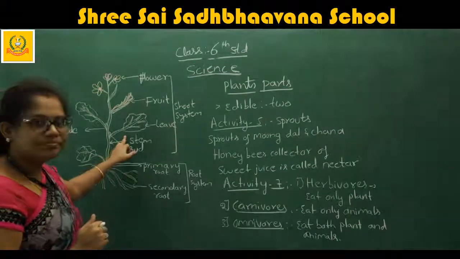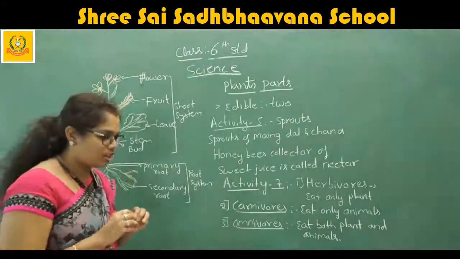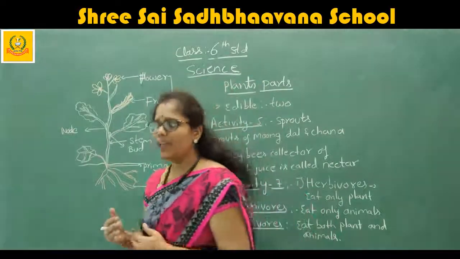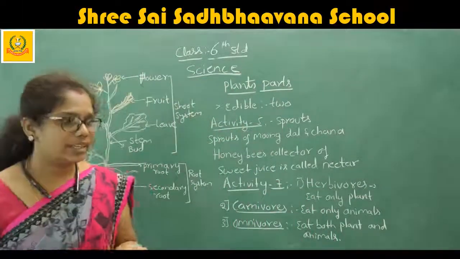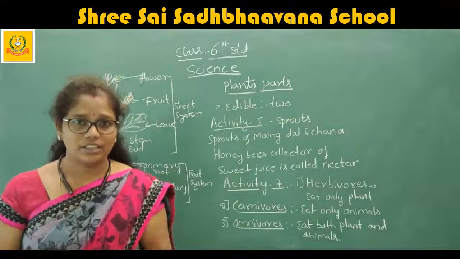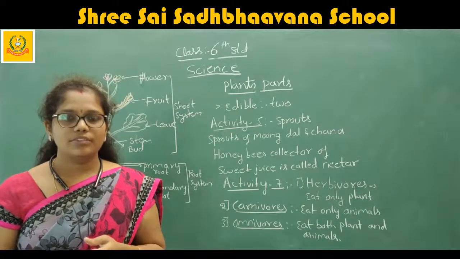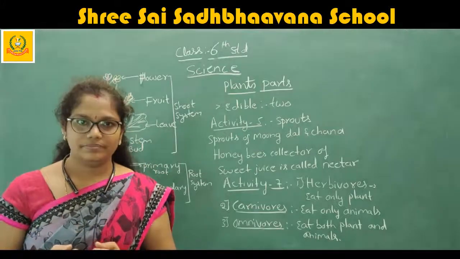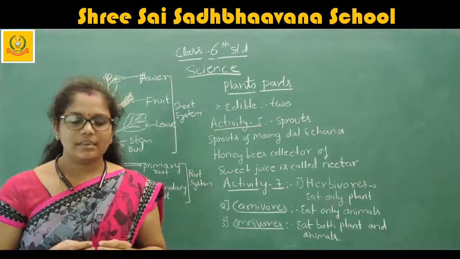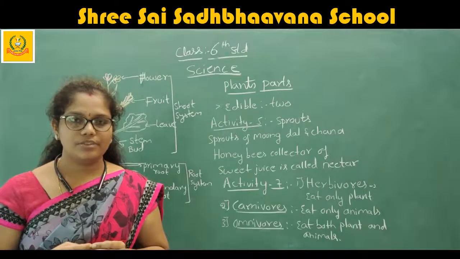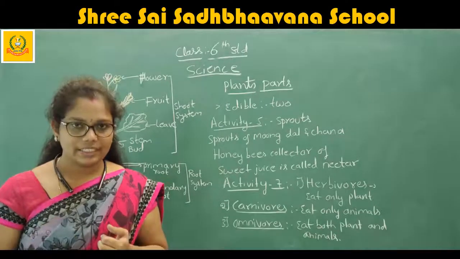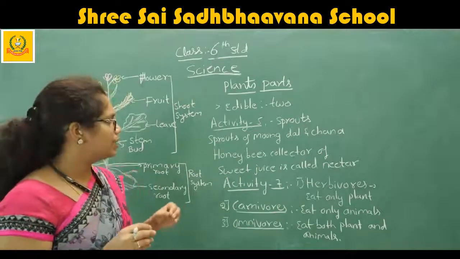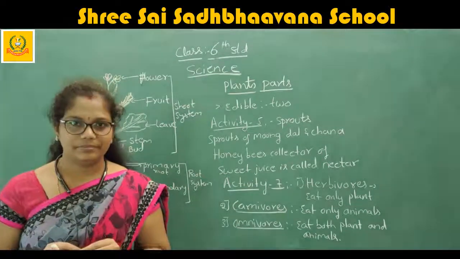But the leaves, like palak leaves, are used for cooking. And so many plant leaves are used for cooking, like methi, pudina, right? The best example is palak. Methi, coriander leaves, these are some of the leaves we use for cooking.